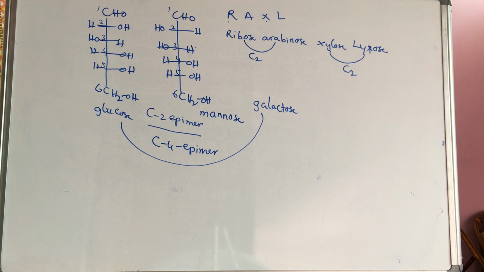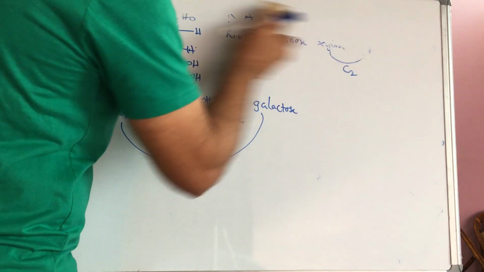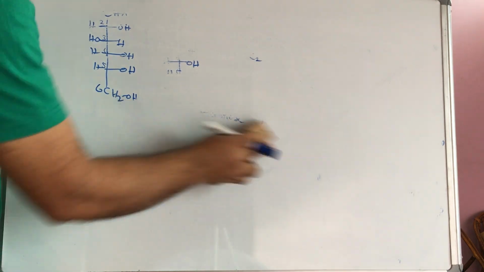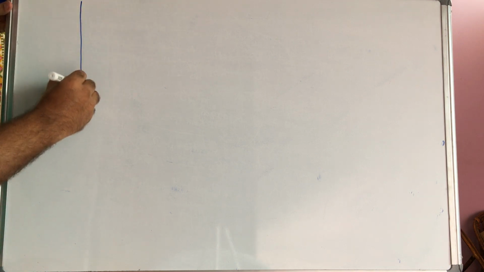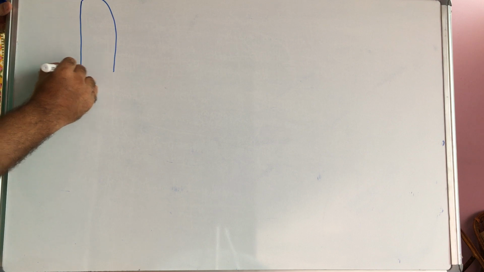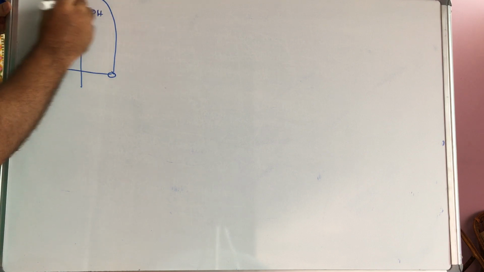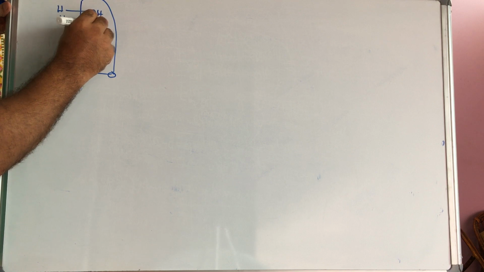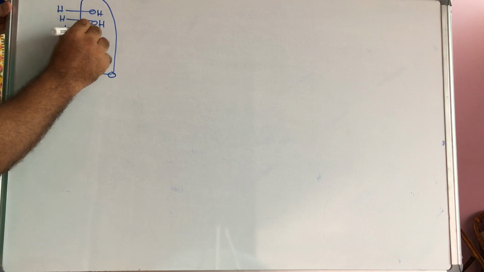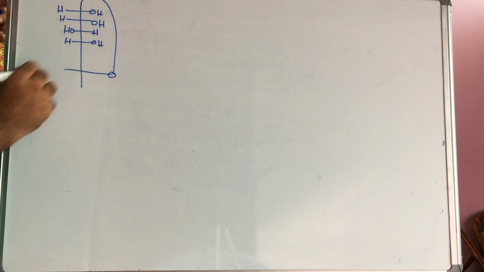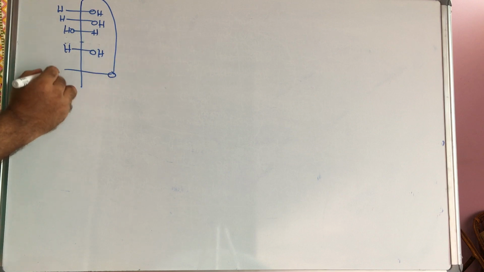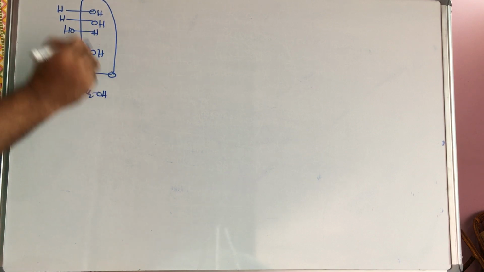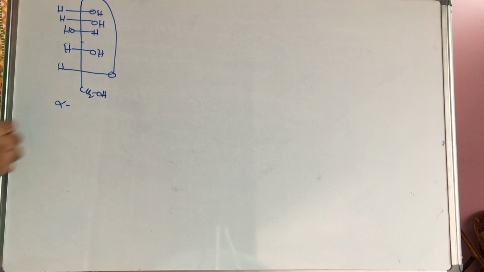Today I will conclude with the Haworth structure of glucose. What is the Haworth structure of glucose? First, we know the alpha and beta forms of glucose. This is the alpha form.